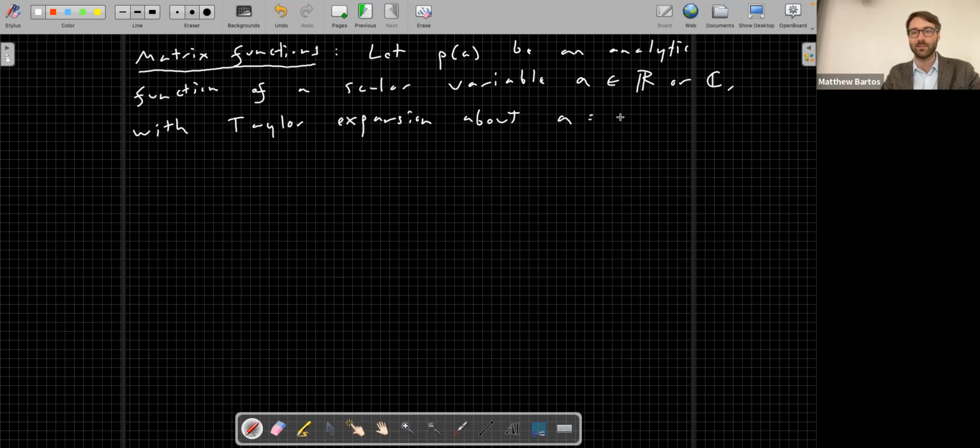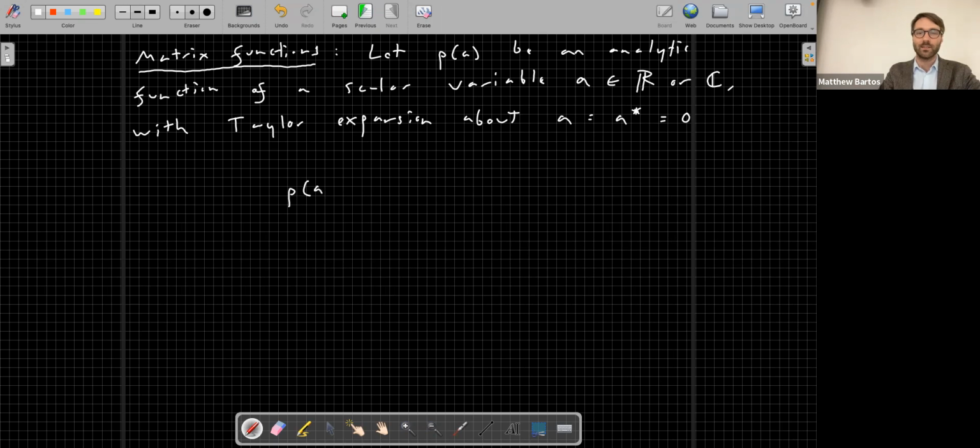So let's just say A is equal to A star, and let's just say that it's equal to 0. So we have some analytic function of a scalar variable A, and we're taking its Taylor expansion around A equal to 0. So this would be the Maclaurin series for our function P.